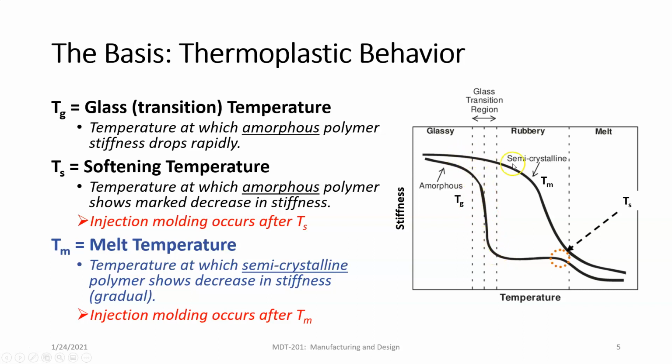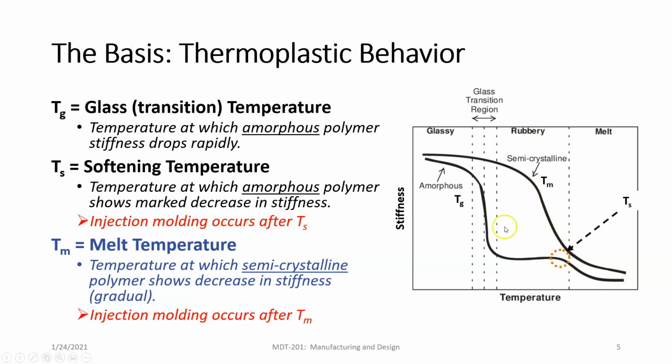Notice that the semi-crystalline doesn't really have anything to do with the glass transition temperature. It goes right through it. Even though it is losing some of its stiffness, it is getting a little bit rubbery. It comes in here, and right in this region where we start to have a sharper decline, we call that the melting temperature, okay? And that's where we do get a sharp decline here. So here we have a gradual decline, and then at the melting temperature for semi-crystalline, it goes down to a sharp temperature.